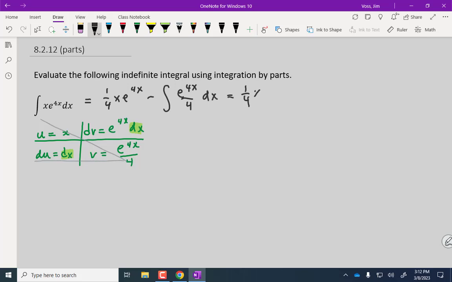And that is where we notice whether we chose properly in the original integration by parts. If this integral is harder, then we did something wrong. But that integral is easier because now there's an x missing. And the integral of this is going to be itself divided by the derivative of the exponent. So we're going to divide by 4, which will give us a denominator of 16.